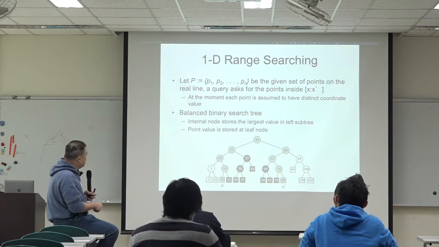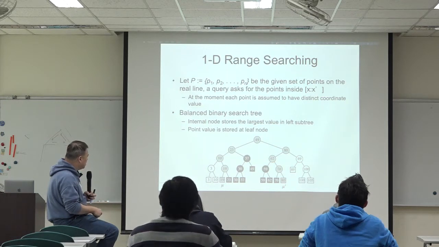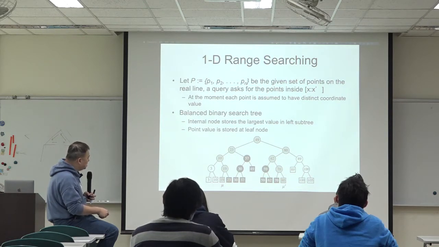Second, all the point values will be stored at the leaf nodes. In this example, you can see that we have 14 points because we have 14 leaf nodes.